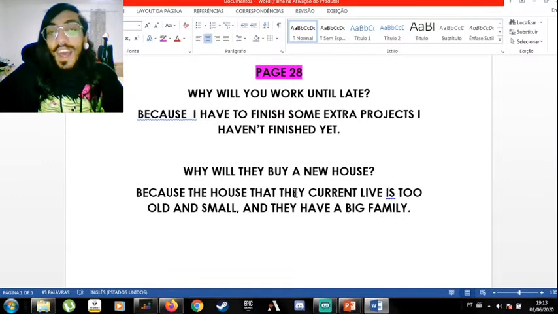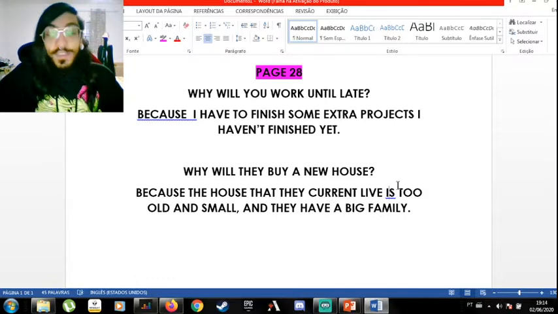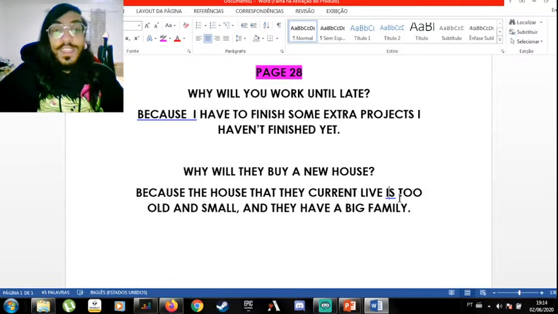So because the house they currently live in is too old and small, so em português, porque a casa que eles moram atualmente, a casa atual que eles moram, que eles vivem, is too old and small, and they have a big family, so that's why they will buy a new house, okay?